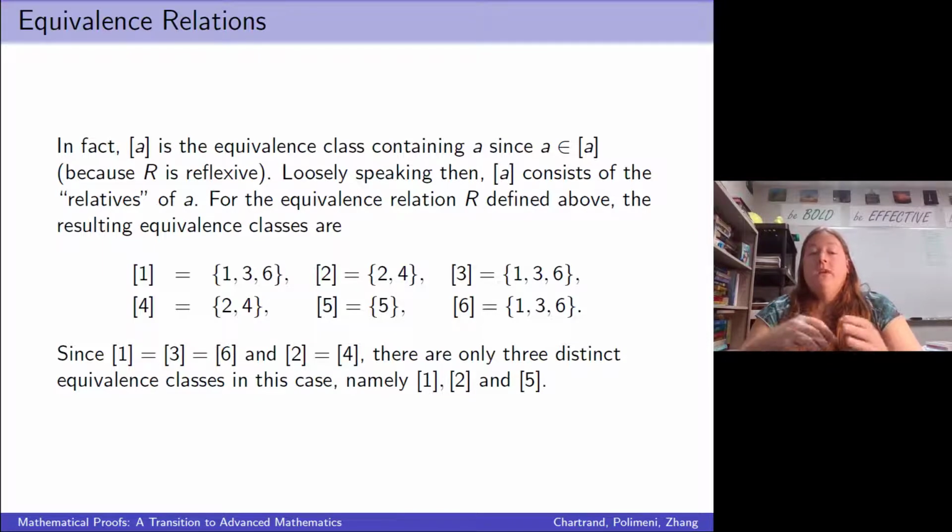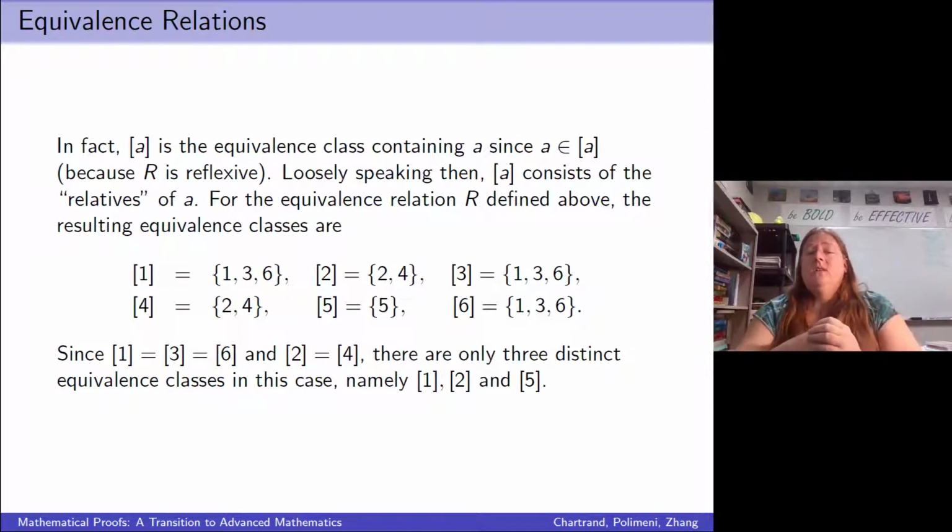Now hopefully you fairly quickly go, but the equivalence class for 1 and for 3 and for 6, they're all the same. And so that means that there's really only one equivalence class there, so we only need to talk about the equivalence class of 1, and in doing so, we're also talking about the equivalence classes of 3 and 6.